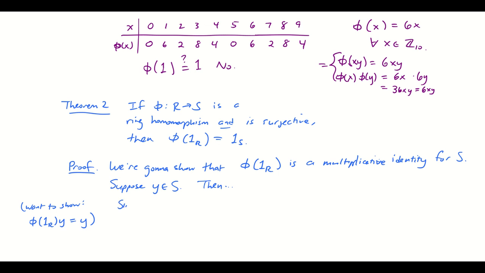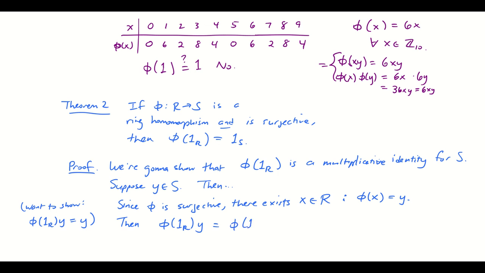Because since phi is surjective, there exists some x belonging to R such that phi of x is equal to y. Y has to be in the image of this map since the map is surjective. So then phi of 1 times y can be rewritten now as phi of 1 times phi of x.